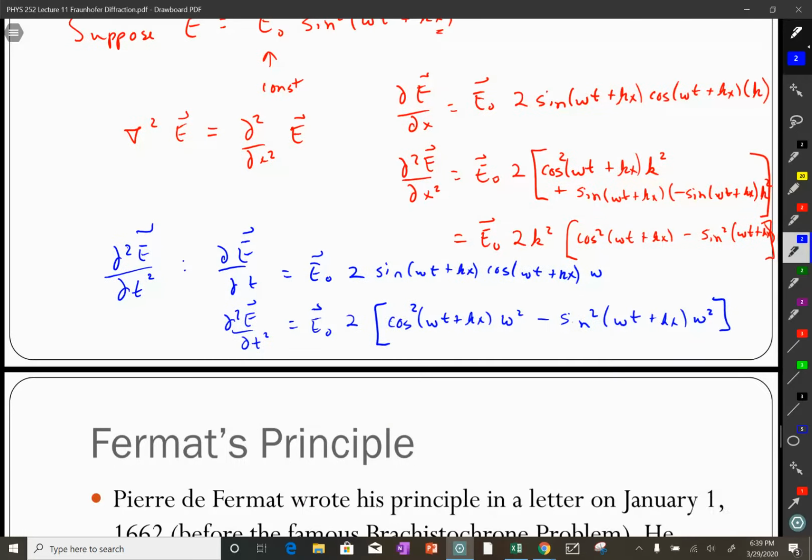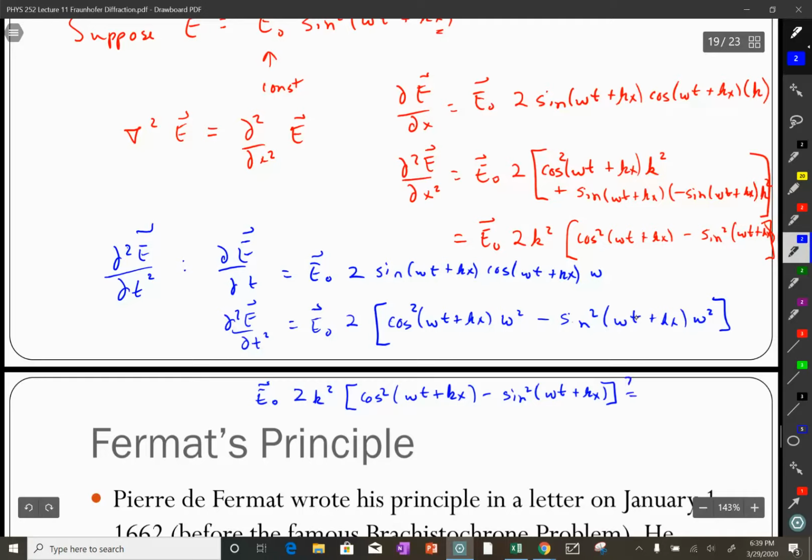And so if I compare these, then I have the E0 vector 2 k squared cosine squared of omega t plus kx minus sine squared of omega t plus kx.